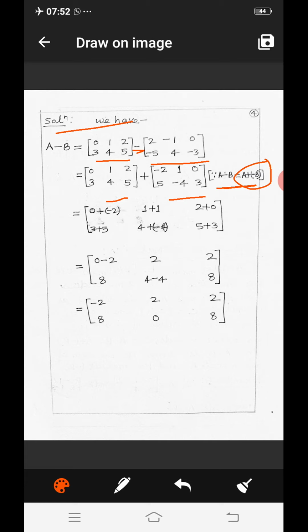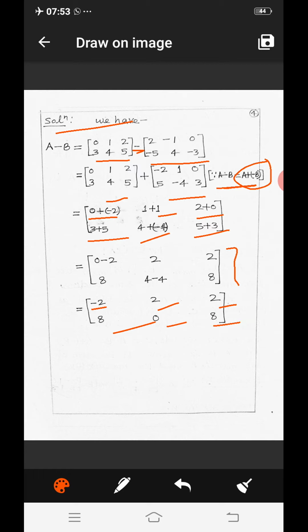Therefore, we get 0 plus minus 2, 1 plus 1, 2 plus 0, 3 plus 5, 4 plus minus 4, 5 plus 3, and this is equal to 0 minus 2, 2, 2, 8, 4 minus 4, 8, and this is equal to minus 2, 2, 2, 8, 0, 8.